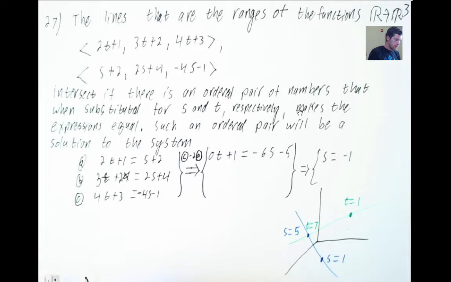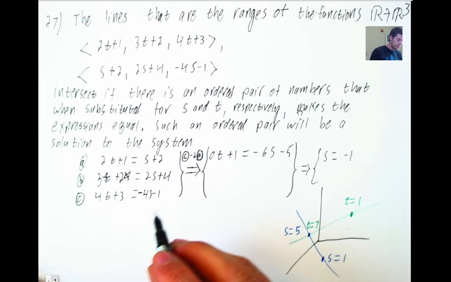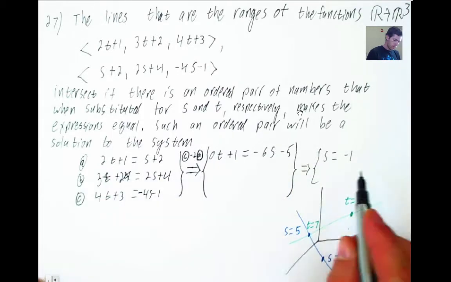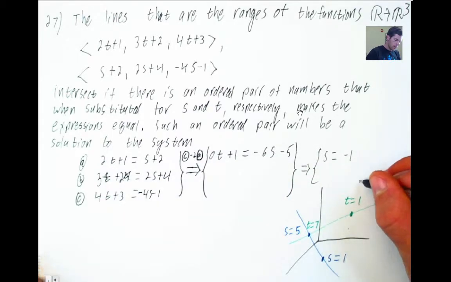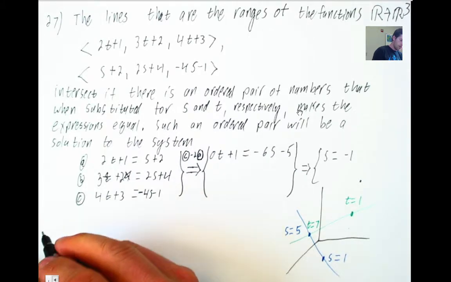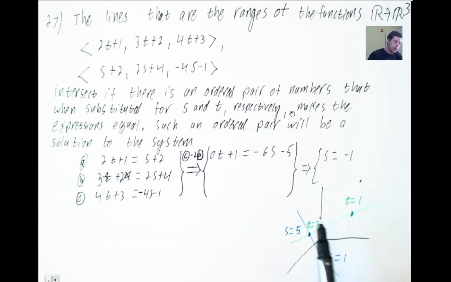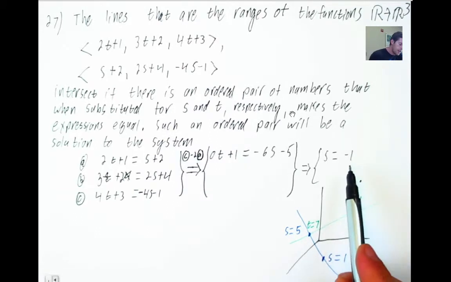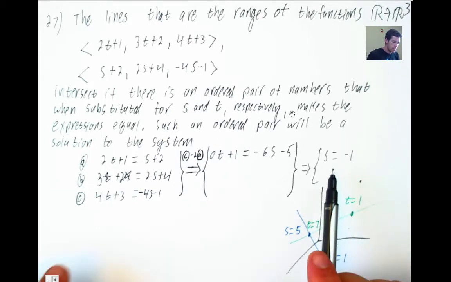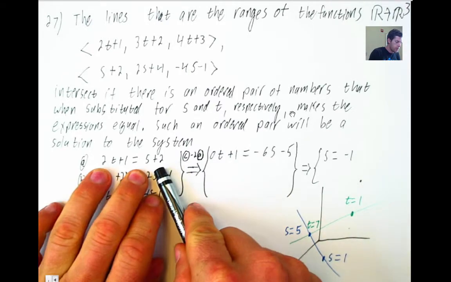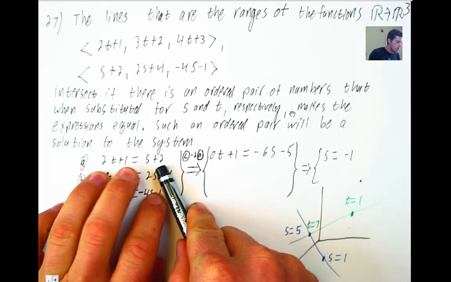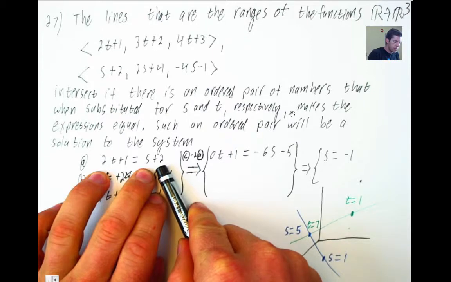Okay, so let me see if that works out. All solutions should be of the form s is negative 1. Well, look, if s needs to be negative 1, then I can put this number, negative 1, back into, say, that first equation right there. Just say that 2t plus 1 is negative 1 plus 2.